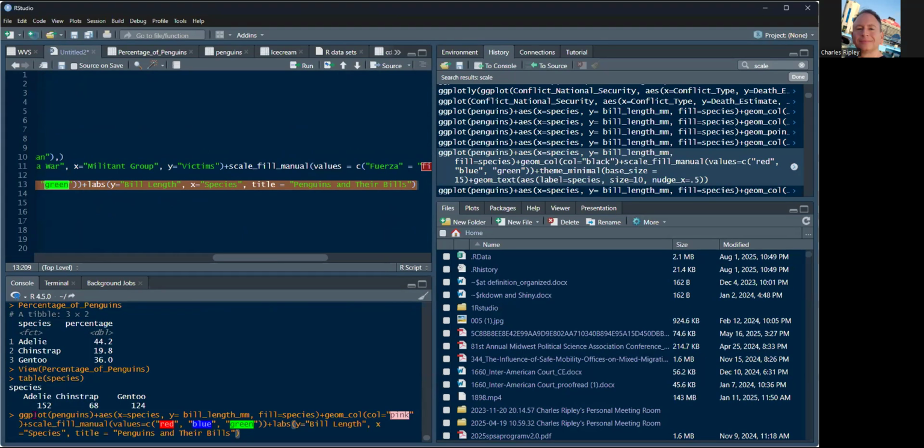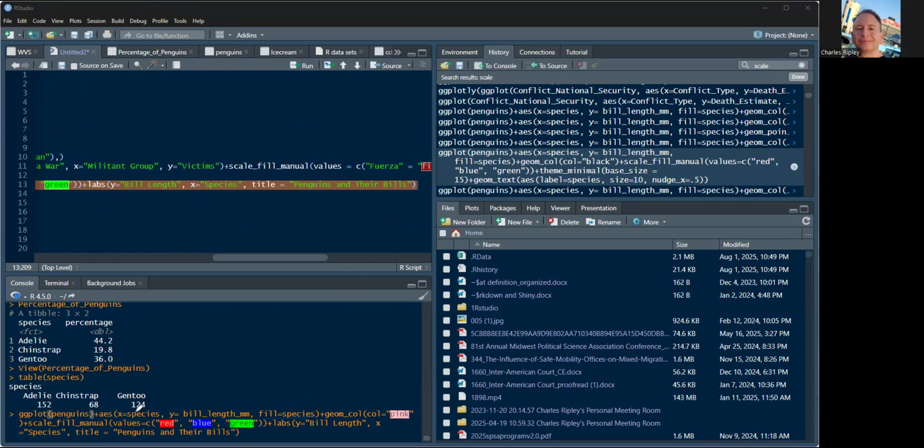So you're writing ggplot. This is the data set, penguins. This here is the aesthetics. So X is the species, Y is the bill length. You're filling it with the species.